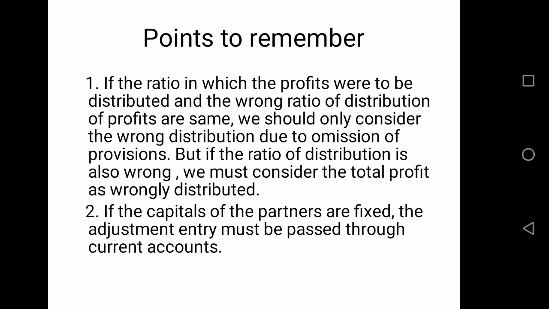So you have to be very clear about whether the total distribution of profit is wrong or there is only omission of provisions. Second point: if the capitals of the partners are fixed, the adjustment entry must be passed through the current account. This is the point which we have considered in both the questions.